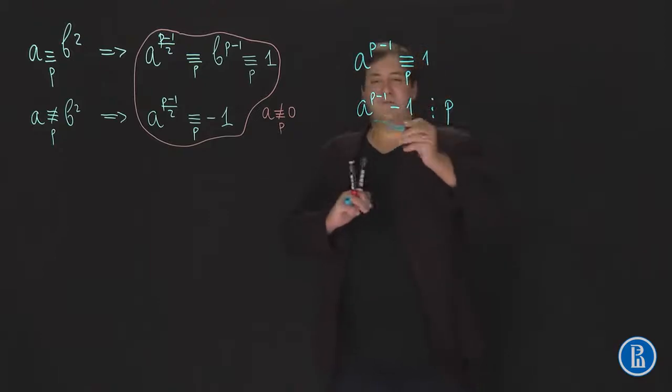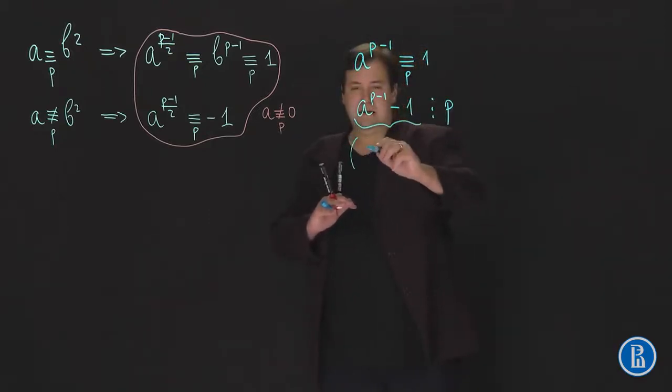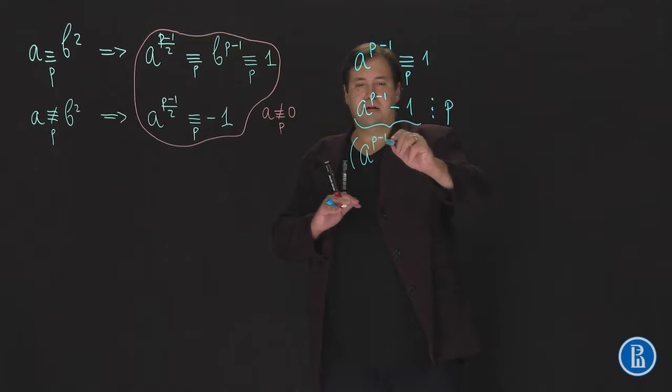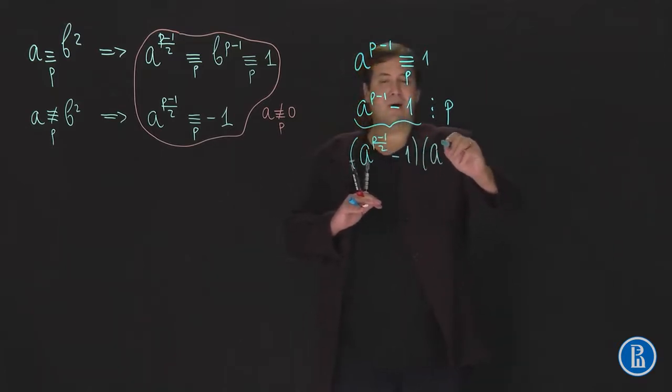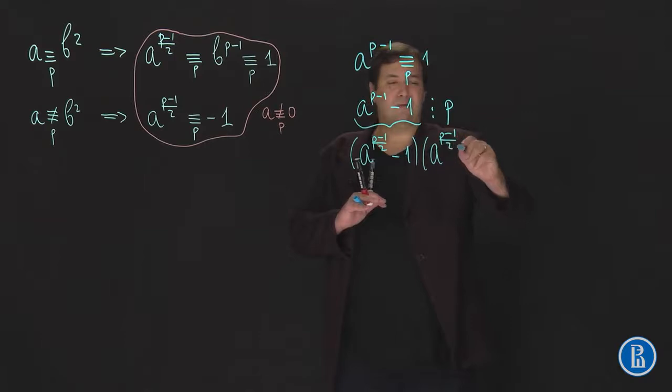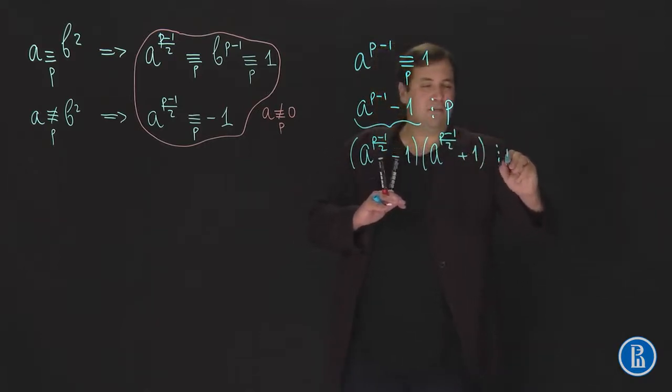So we can transform the left-hand side into such an expression: A to the power (P minus 1) over 2 minus 1, times A to the power (P minus 1) over 2 plus 1. And this is divisible by P.